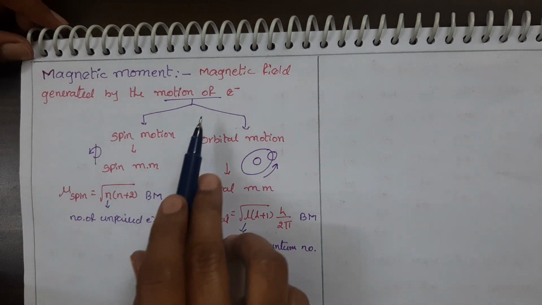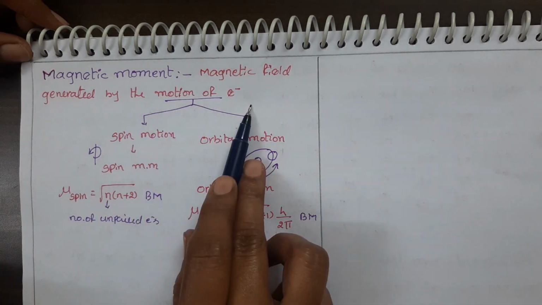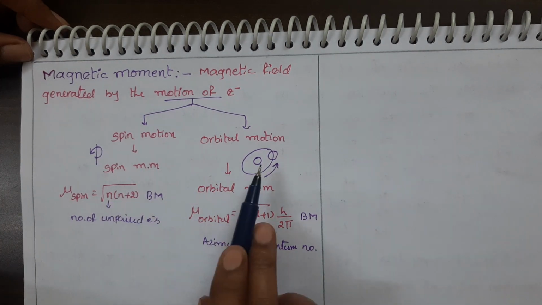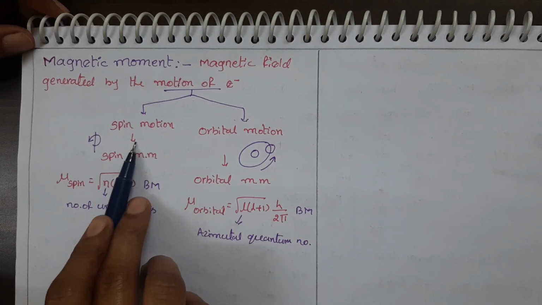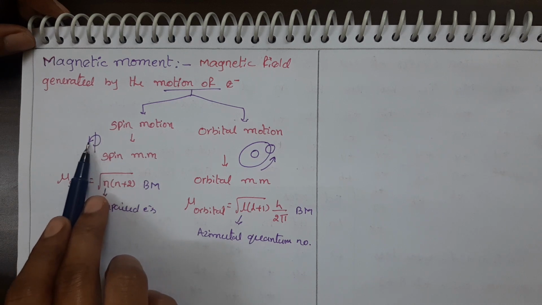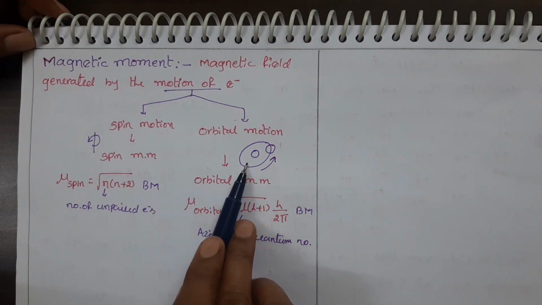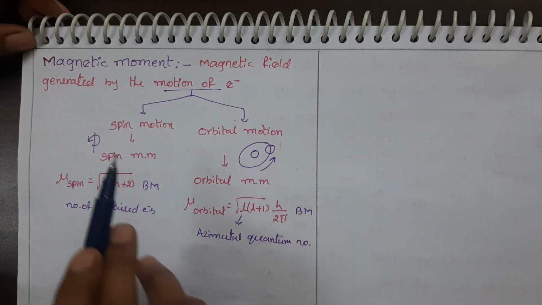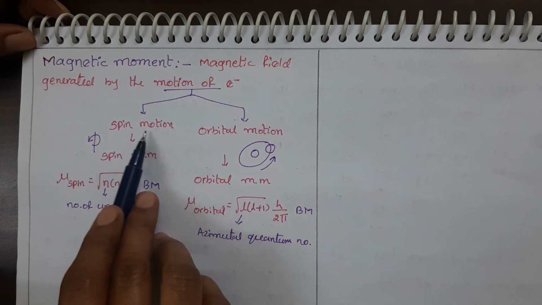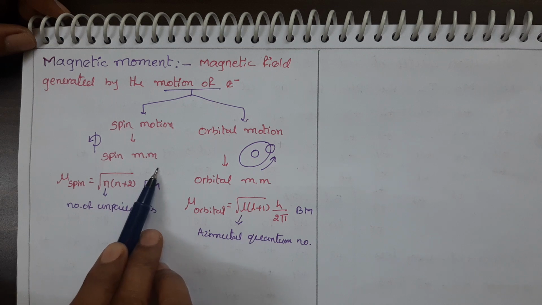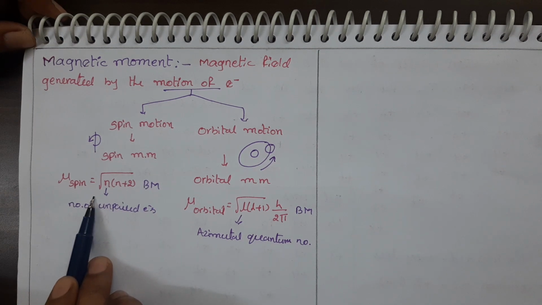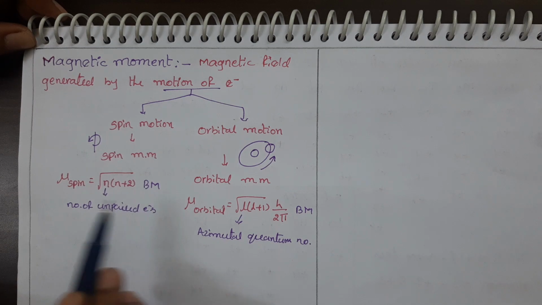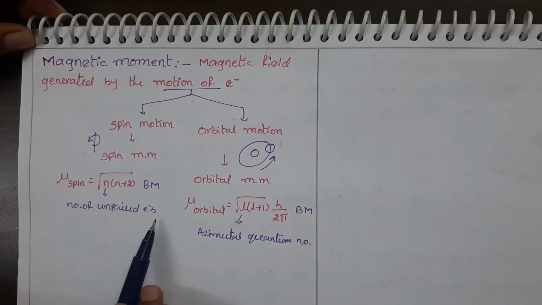So magnetic moment is the magnetic field generated by the motion of an electron. The electron can have two types of motions: spin motion, which is rotating on its own axis, and orbital motion, where the electron revolves around the nucleus. Due to spin motion, it has the spin magnetic moment, mu spin equals square root of n into n plus 2 Bohr magnetons, where n is the number of unpaired electrons.